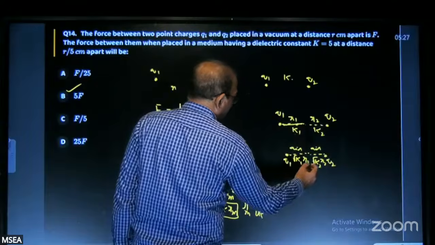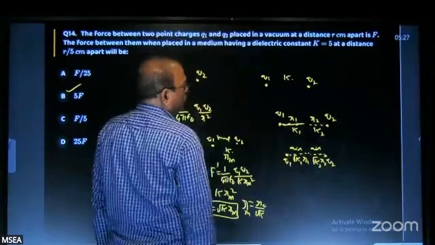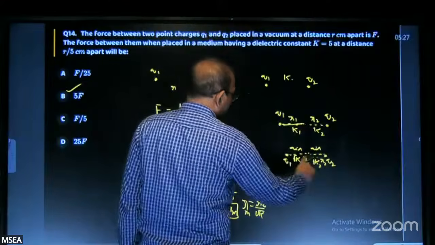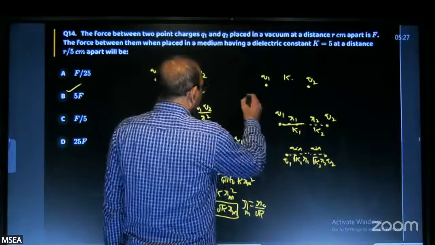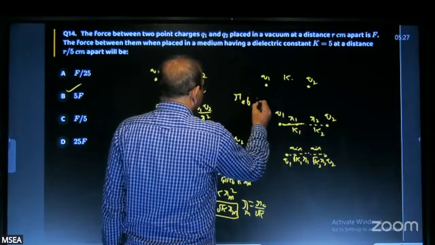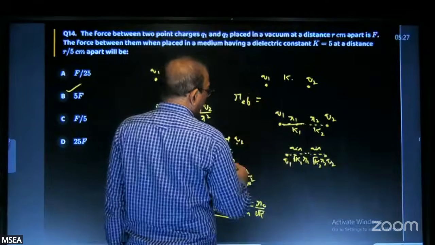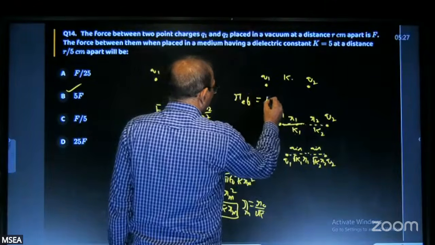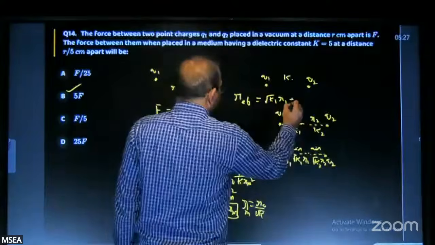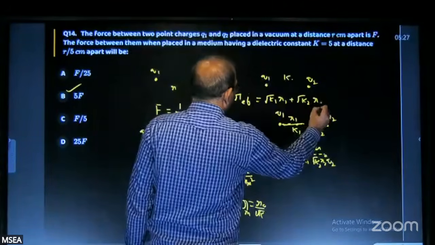The effective distance to have that same force is root K1 into R1 plus root K2 into R2; you assume that.